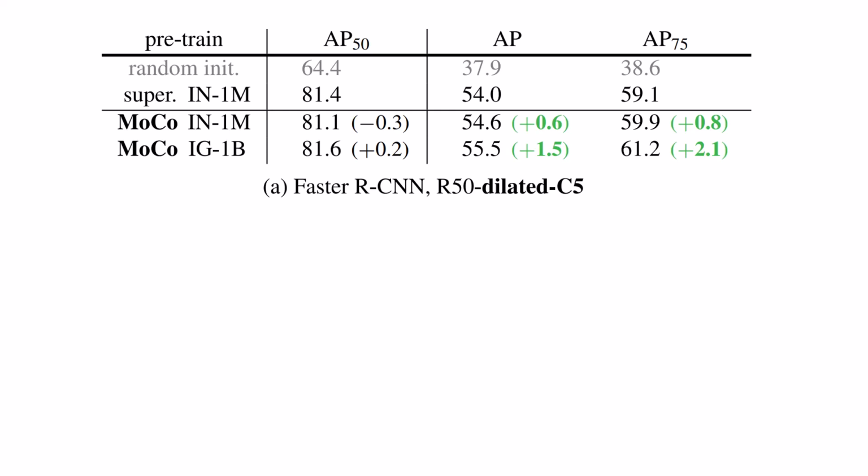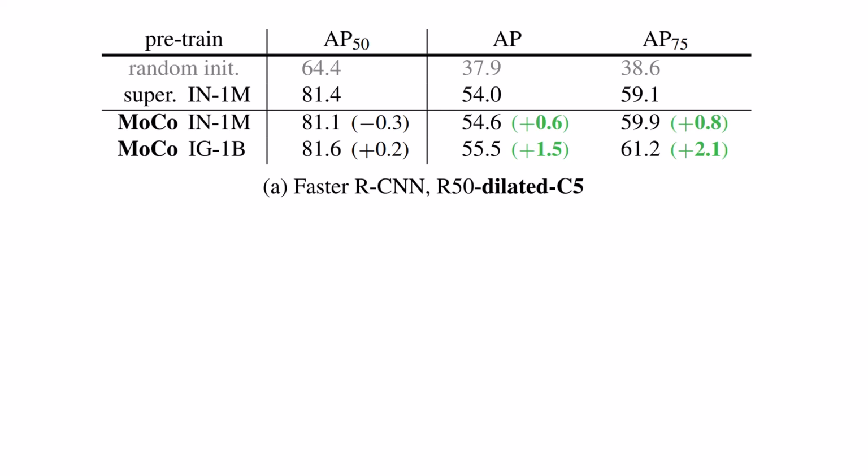Here is the output, the average precision for the Pascal VOC test set. We can see that the average precision 50 for the supervised counterpart is 81.4. And if we do the same thing for MoCo, it is actually a bit worse than that. But the good thing now is that we are doing unsupervised learning.